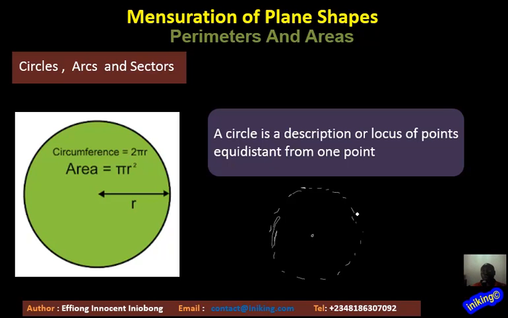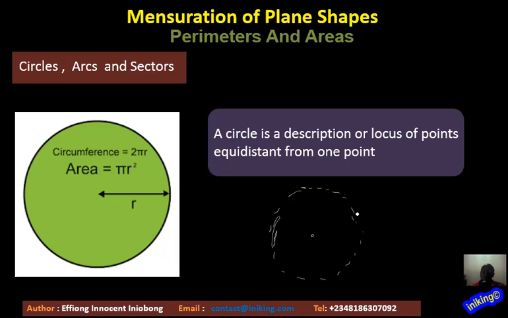Now, the area of a circle and its circumference are popular things we know, as you can see right on the screen. The circumference of a circle is just another word for the perimeter of a circle. Remember, we've said in earlier clips that the perimeter of an object is the total boundary length.